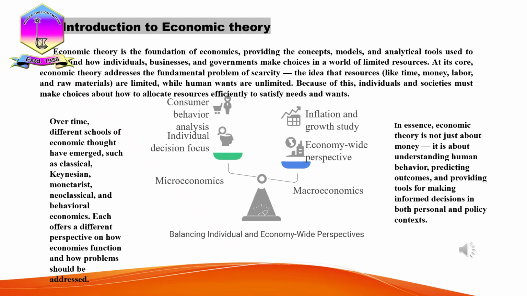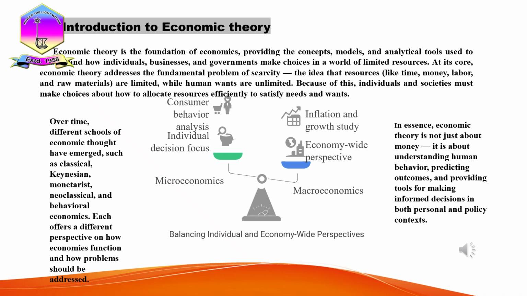So economic theory is divided into two types: microeconomics and macroeconomics. Microeconomics helps to study consumer behavior and analyze individual decision-making, whereas macroeconomics is related to inflation and growth and studies economy-wide perspectives. Over time, different schools of thought have emerged, such as classical, Keynesian, monetarist, neoclassical, and behavioral economics.